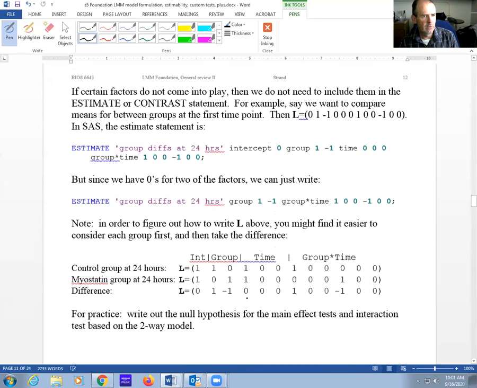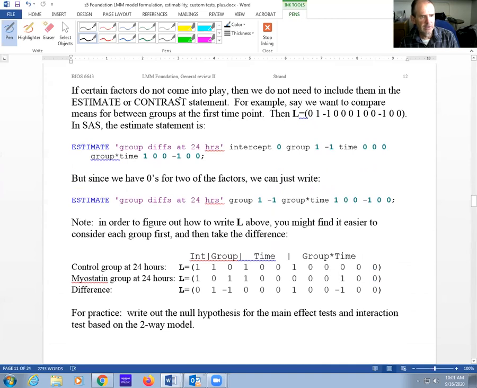Now, if certain factors don't come into play, you actually don't need to write them. For example, say we want to compare means between groups at the first time point. The L vector, the linear combination of the coefficients that we need, is given here.